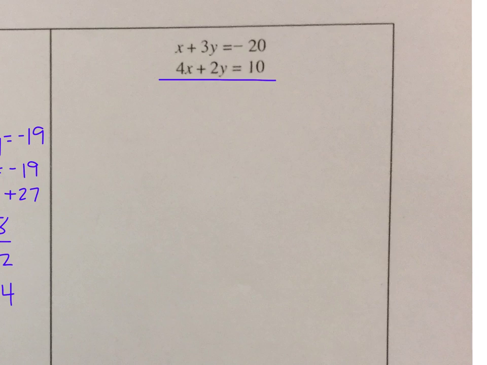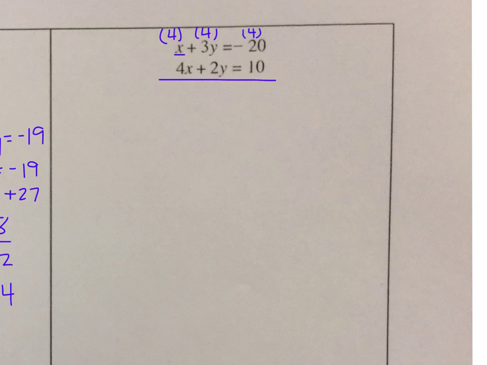The easiest thing to do is find the variable that is by itself. That's the x. I can easily make that x into a 4 by multiplying it. So that means I multiply everyone on the top row by 4.